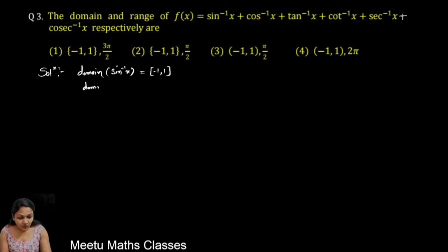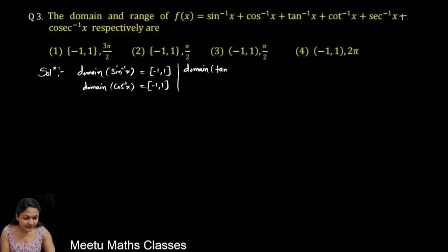Domain of cos inverse x is again minus 1 to 1. Then the domain of tan inverse x is the whole real line. Similarly, the domain of cot inverse x is also the whole real line.